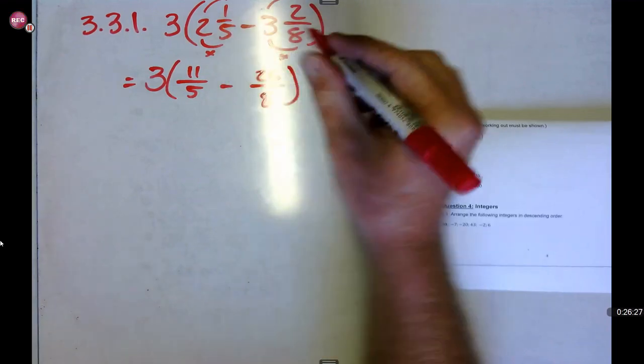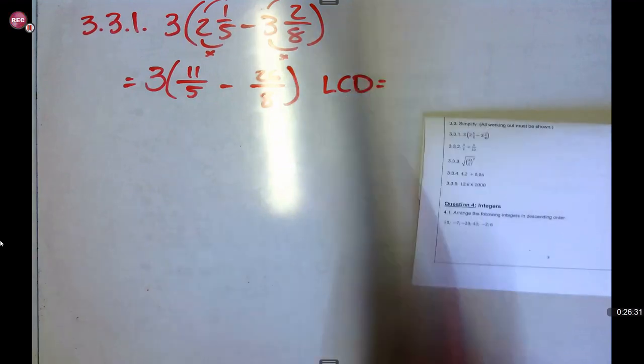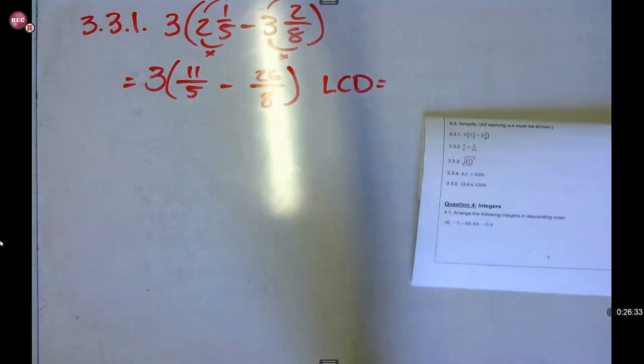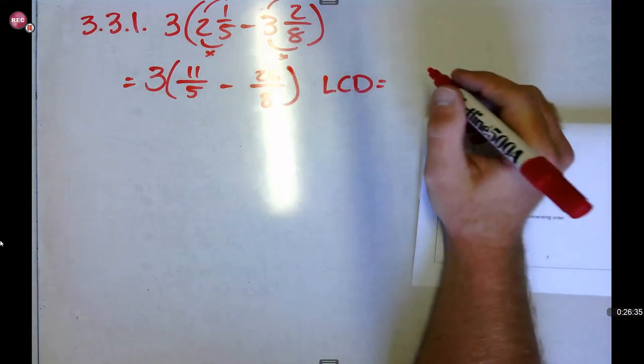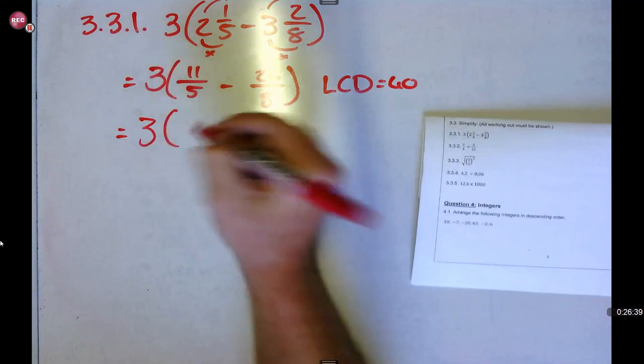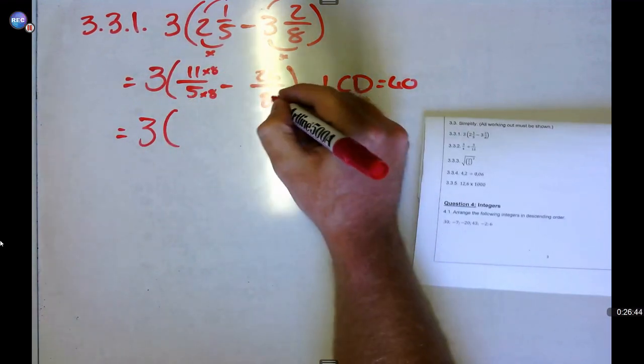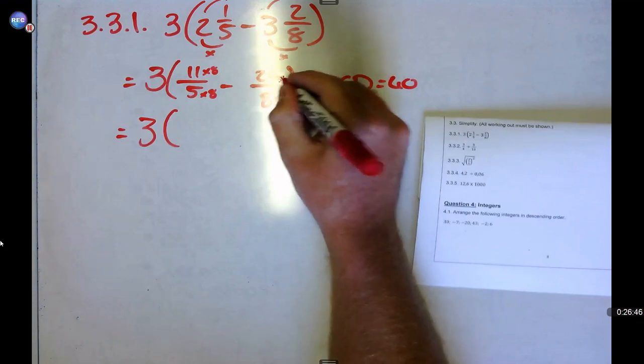Now we need to find the LCD. So the LCD in this case will be 40. In order to get 40, you need to multiply the 5 by 8 and the 11 by 8 there, and the 8 by 5 and the 26 by 5.